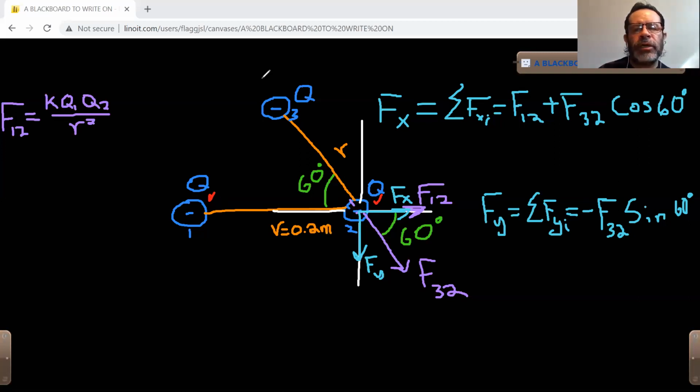And the charges we had mentioned are 4 times 10 to the minus 6 coulombs. And we know that K is a constant. So if we do these calculations, force 1,2, if I'm not mistaken, can somebody refresh our calculations there?